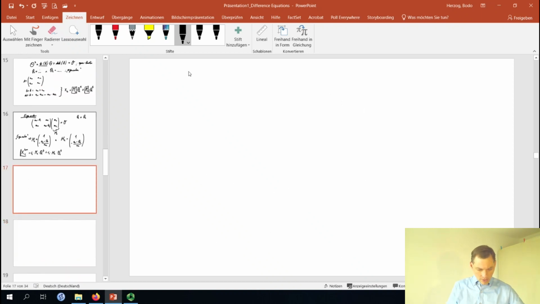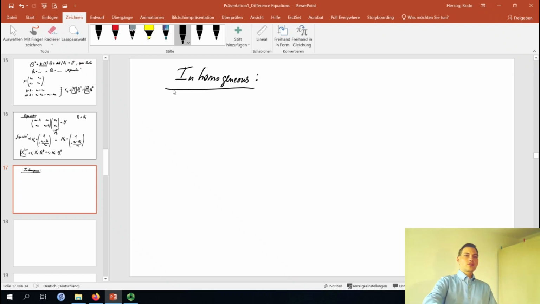Okay, final part, we have to look at what the inhomogeneous solution is in this case. Well, as I already said to you, this is very close and very easy, the same as the example we discussed above.